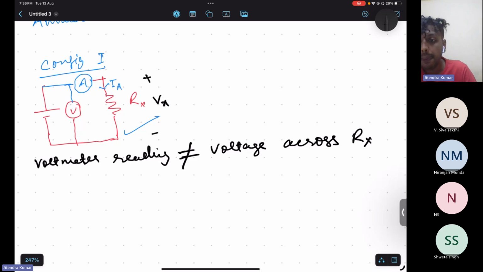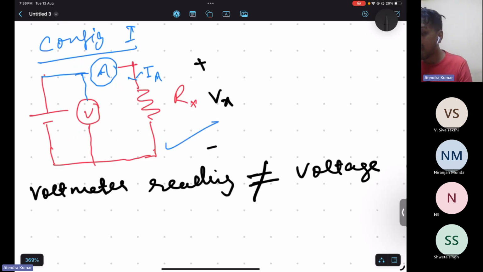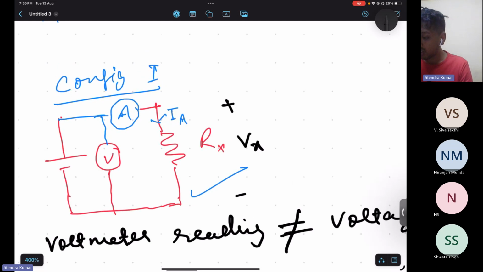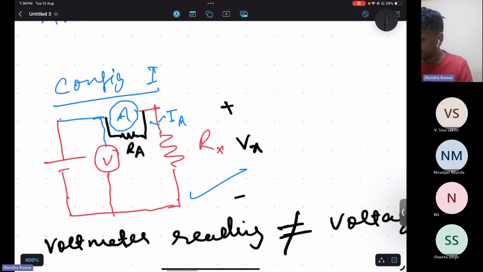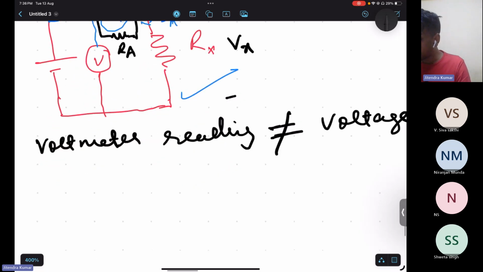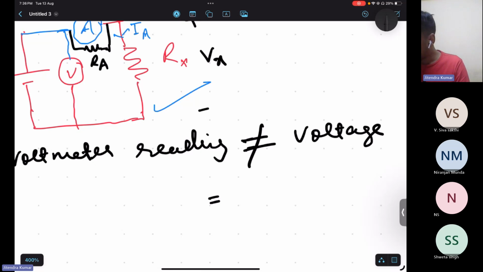Why? Because the ammeter also has some resistance, isn't it? And some drop will be there as well because Ia is the same. So the voltmeter reading will be nothing but Va plus Vx. That is why it will be higher.